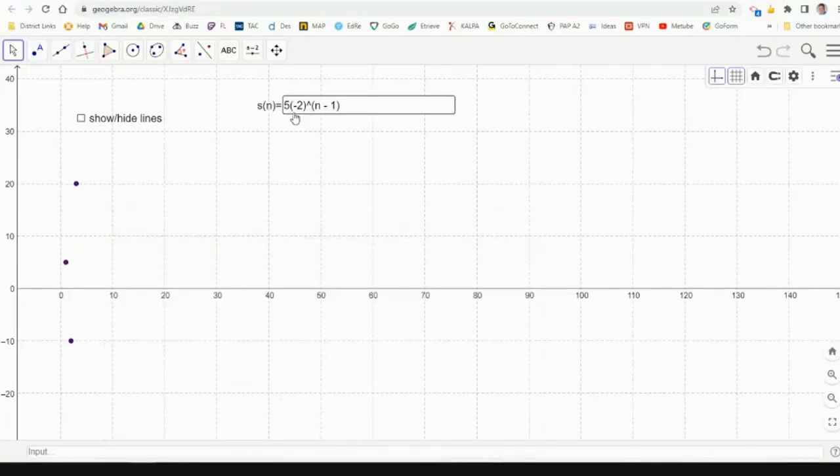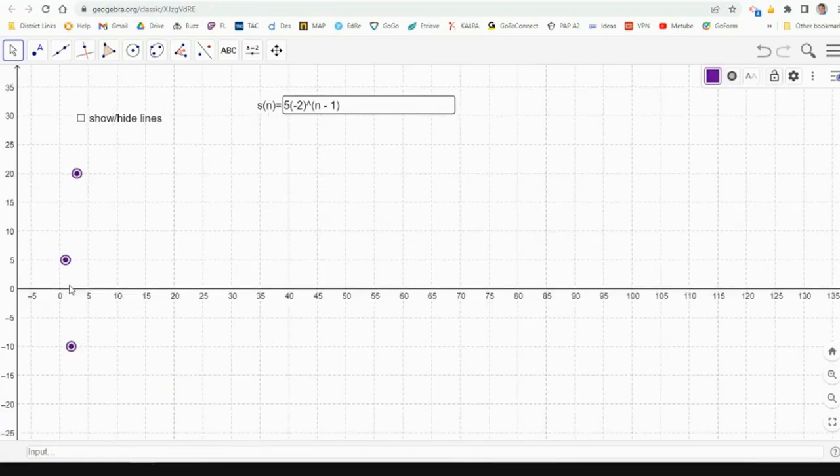So I did 5, with negative 2 as our common ratio raised to the power. I have to put n minus 1 in parentheses because I'm raising negative 2 to n minus 1 as the power, not just n. If I don't put the parentheses, it'll think minus 1 is just something happening at the end, and it'll graph everything off 1.